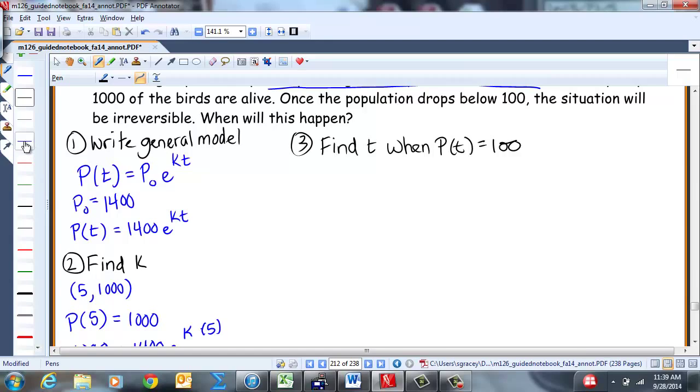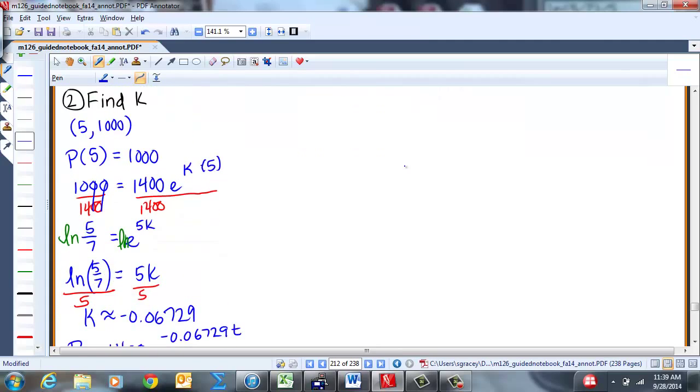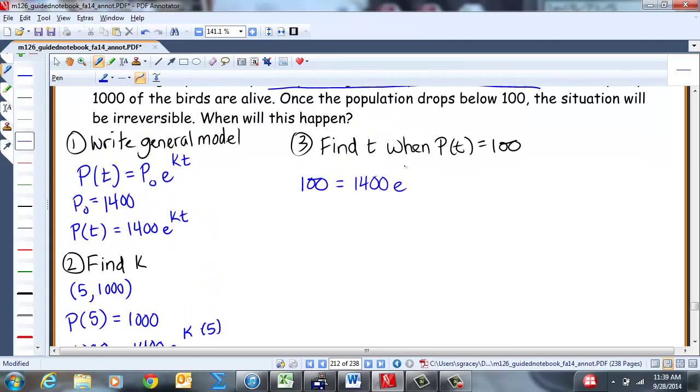So setting P at t equal to 100, we get 100 is equal to P0, which is 1,400, times e to the, and what was our k again? Our k was negative 0.06729 times t.